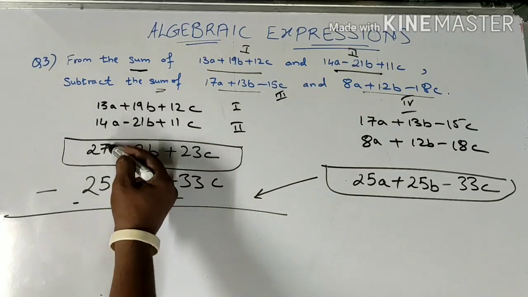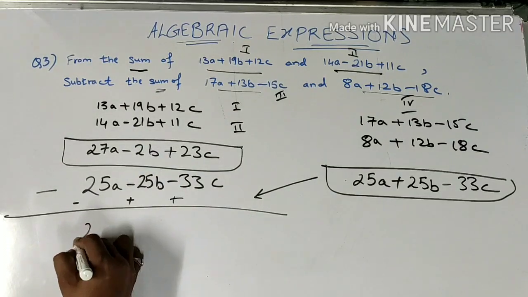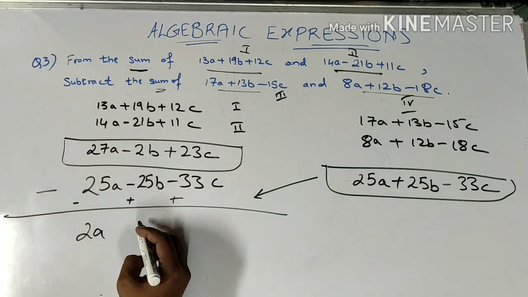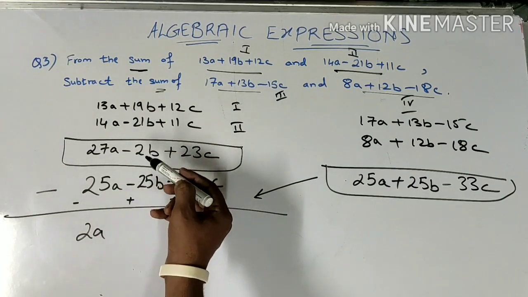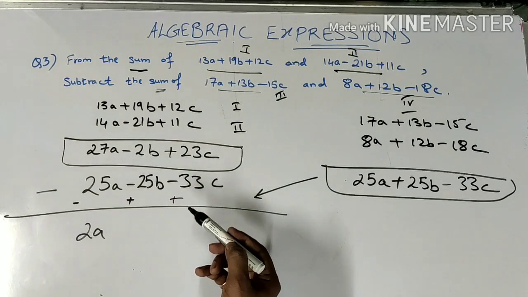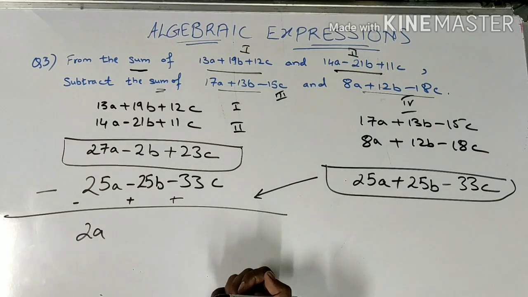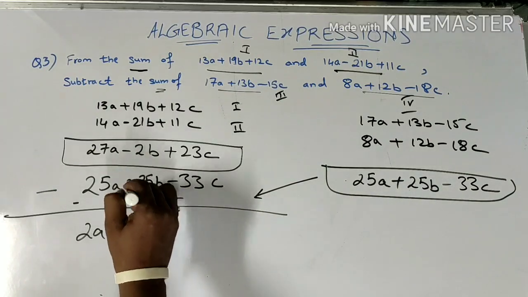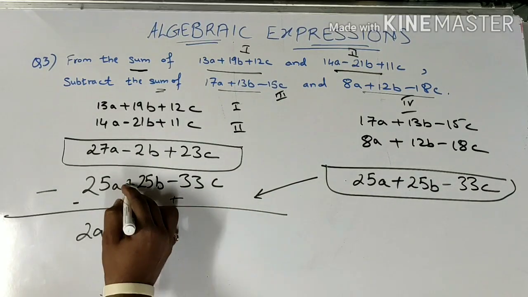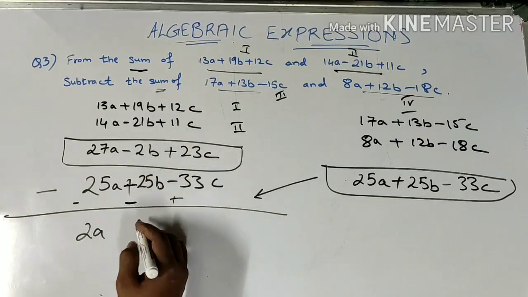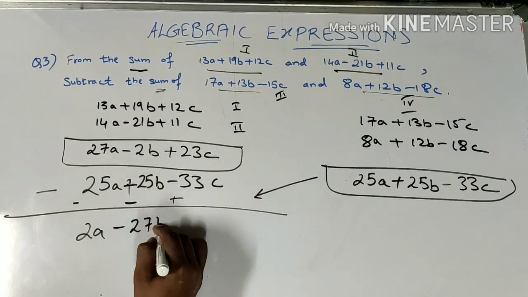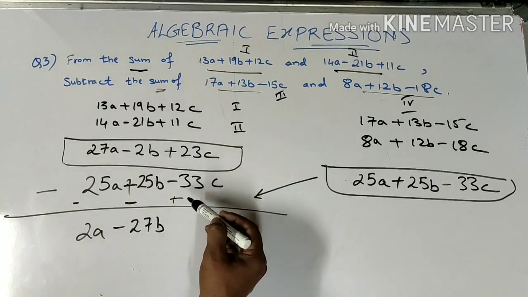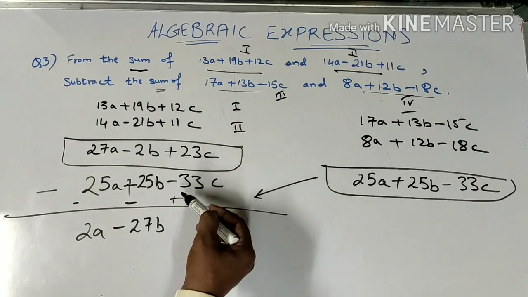So what we have is 27a minus 25a, which is nothing but 2a, minus 2b minus 25b. Sorry, this was plus 25b, so we have minus 25b. Minus 2b minus 25b is minus 27b, and plus 23 plus 33.